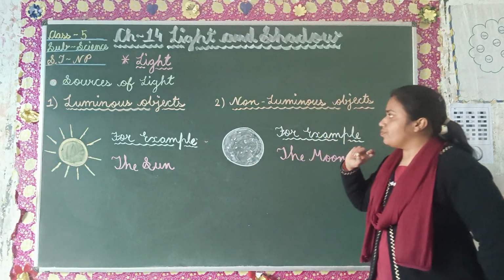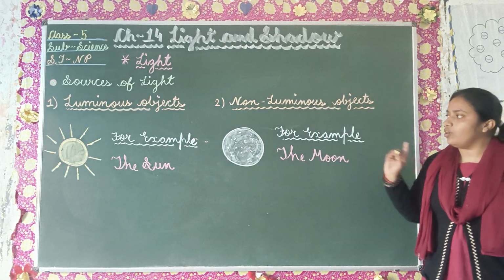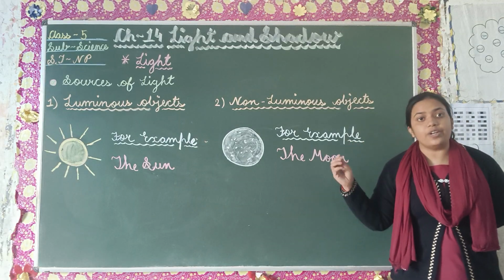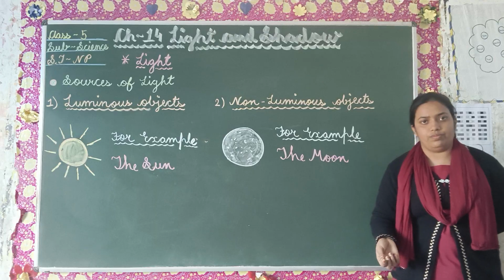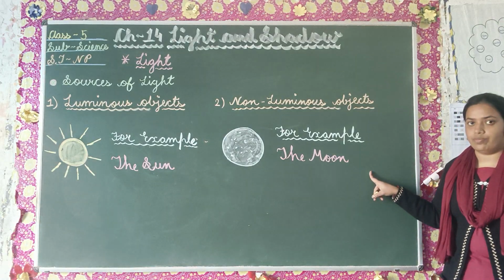Next is non-luminous objects. Non-luminous objects are the objects that do not have light of their own. For example, the moon.